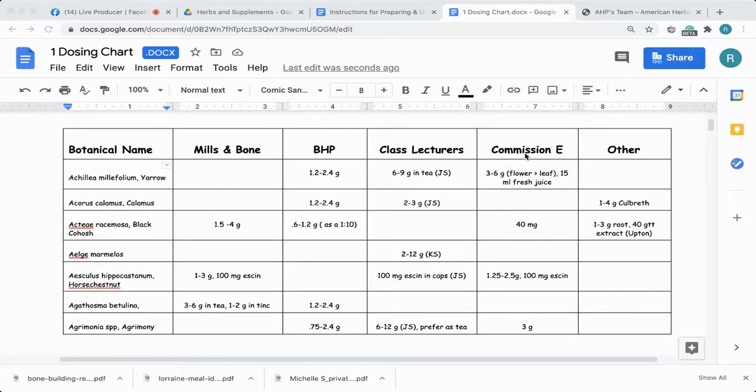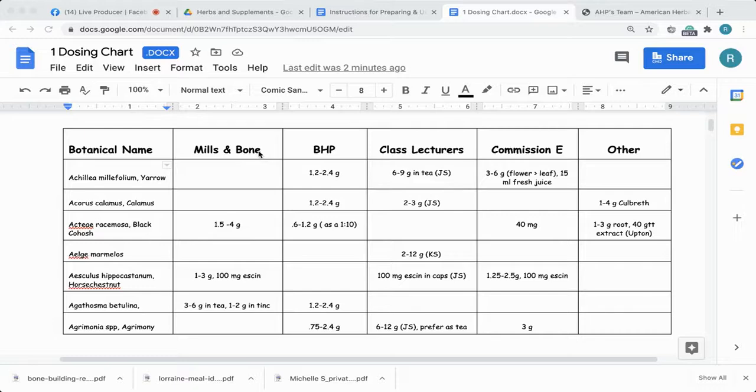The Commission E is the German Commission E. It's a scientific advisory board developed in the 70s, and they give scientific expertise and recommendations for traditional folk herbal medicine. Mills and Bone, that is the book Principles and Practice of Phytotherapy, which is a classic text.